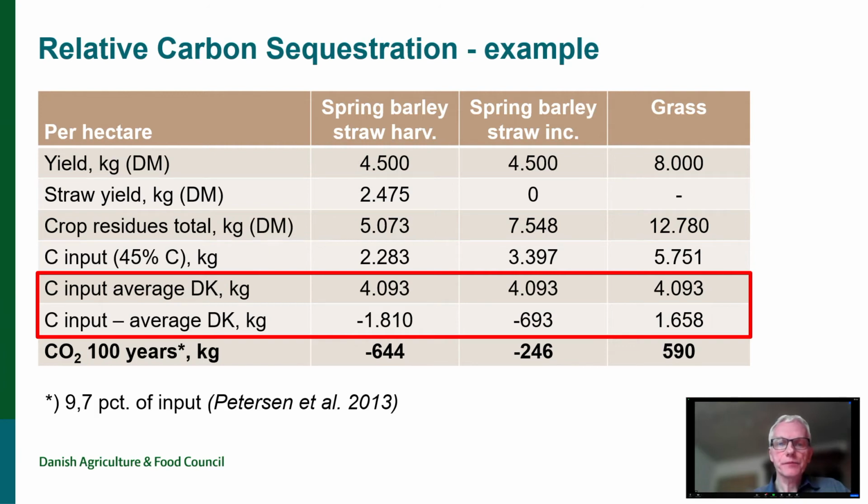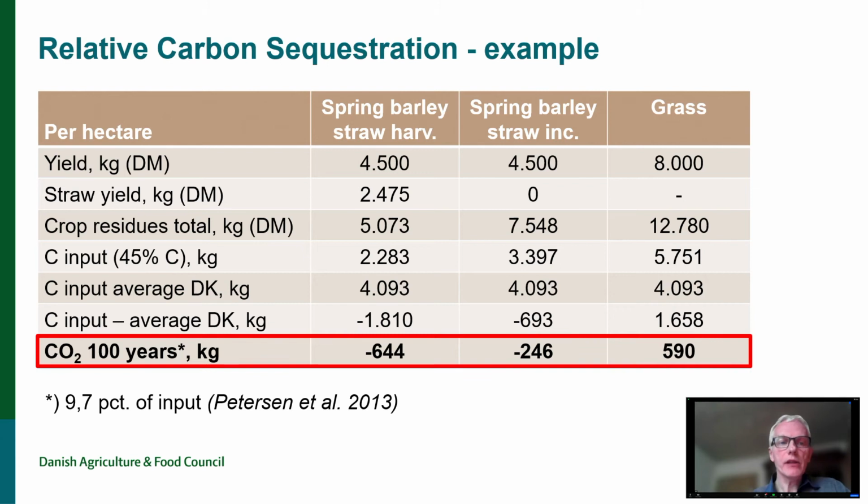And then we calculate the climate effect in a 100-year perspective. And as you can see, the spring barley crop here has a negative climate effect, and the grass has a positive climate effect. This is just an example of a carbon calculation without having any information about the carbon content in the soil.